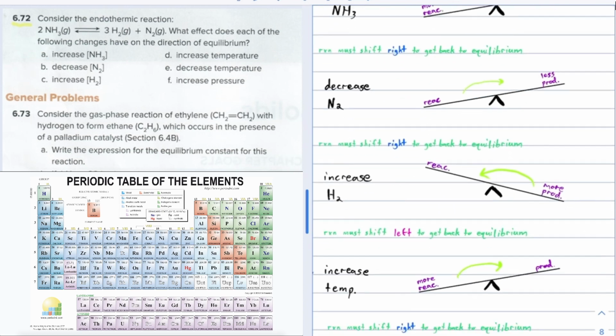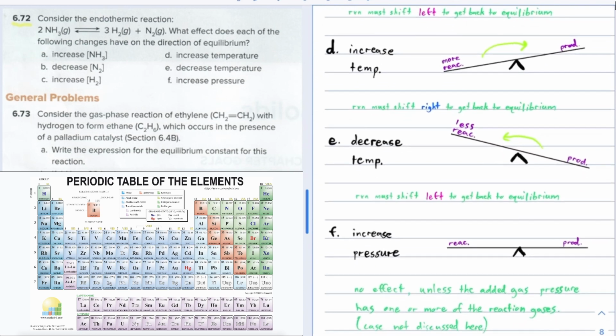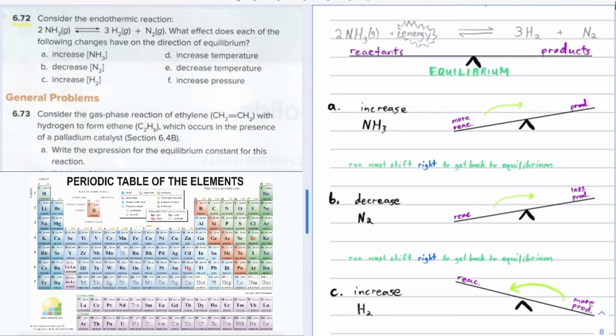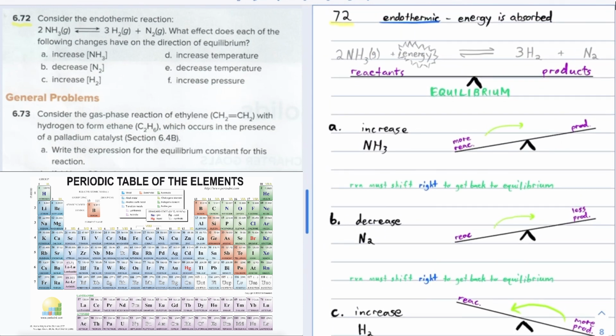If you're just increasing the pressure in general, it has no effect unless the added gas pressure has one or more of the reaction gases, of course. If you're injecting more gas, and you're injecting one of these three gases, the hydrogen and the nitrogen are also gases, then that could, of course, affect it.